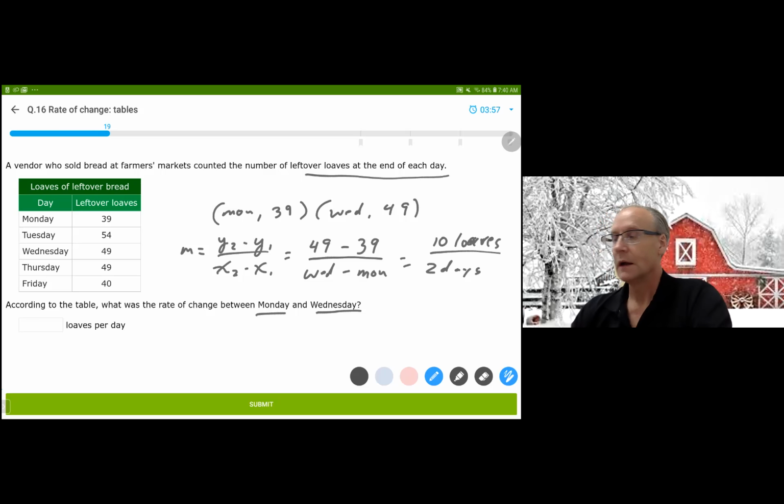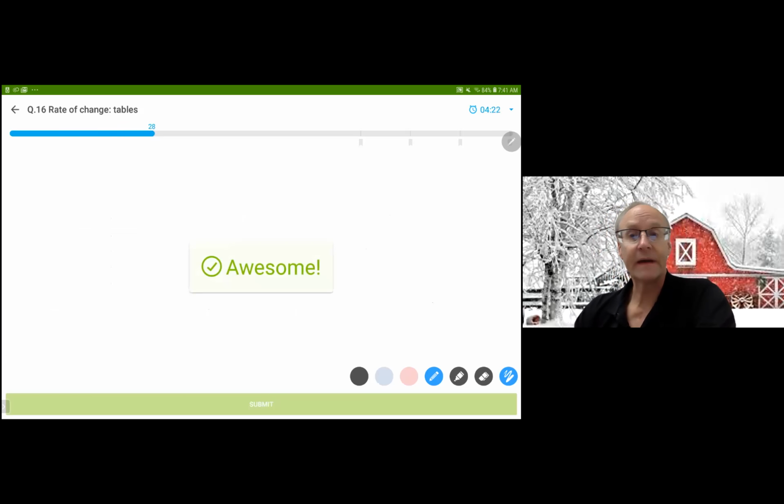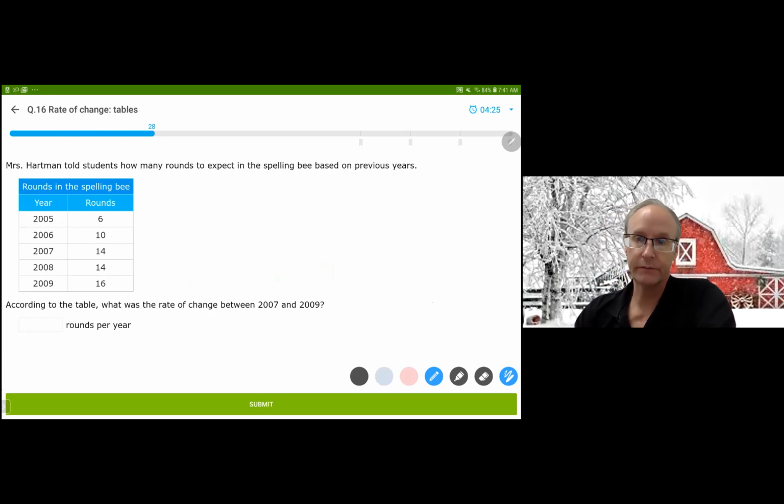A-V-E-S, there we go. 10 loaves over a period of 2 days needs to be reduced, doesn't it? Because they ask me per 1 day. So we need 5 loaves. I'll spell it right this time. Per 1 day. And it is important that you do that subtraction clearly. Okay, so we're talking about 5. Now that was an average rate of change, or, well, not exactly, but it's close enough.